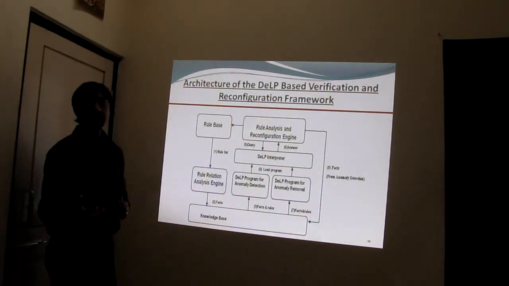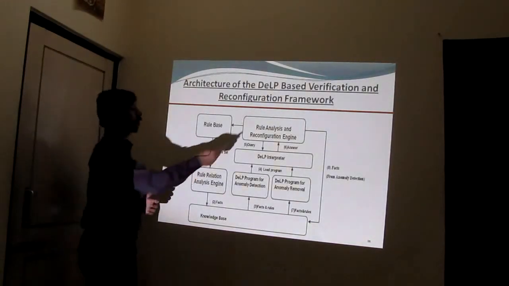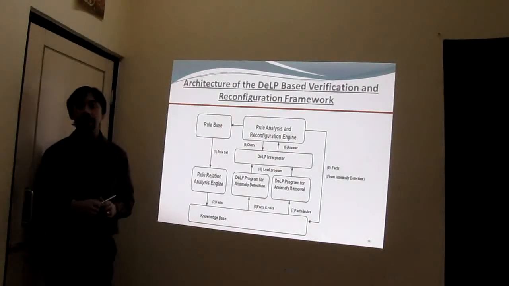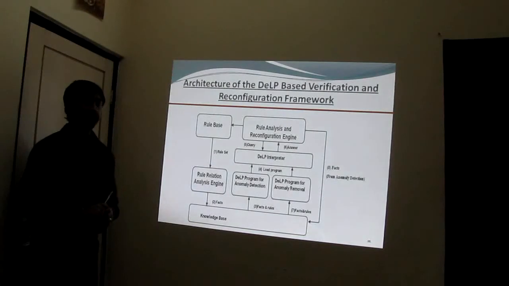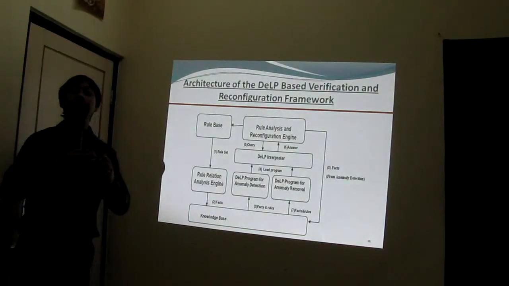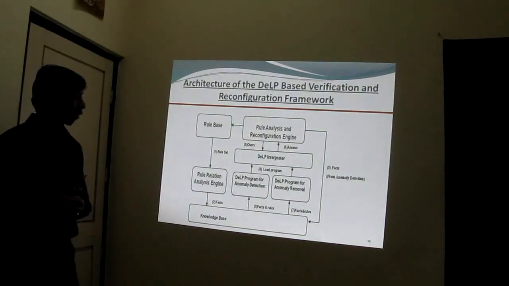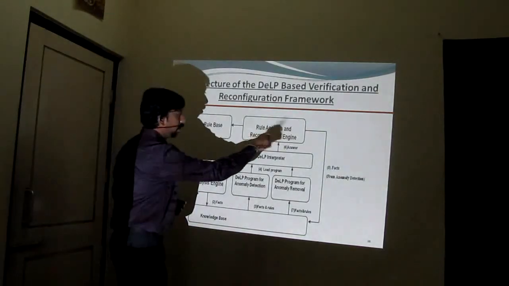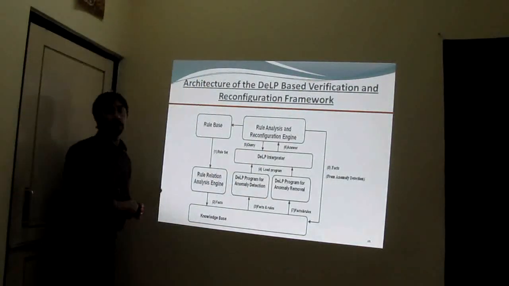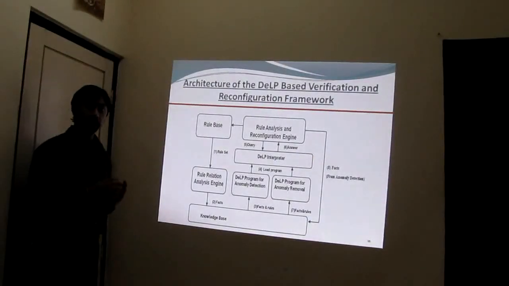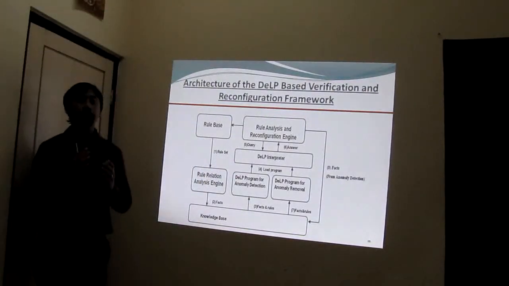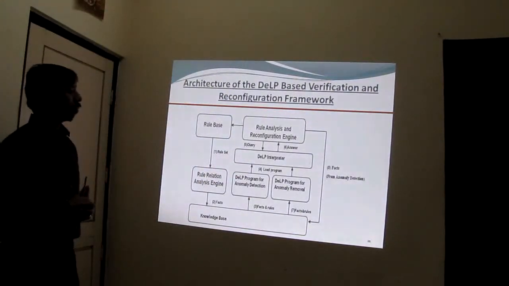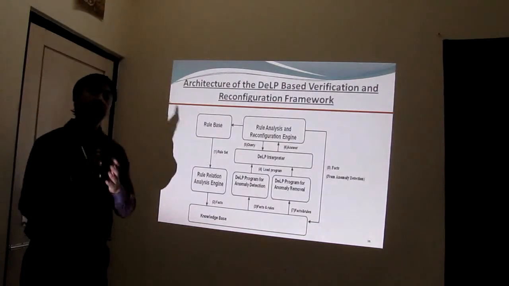Whatever answer it gets, from this information it tries to generate some additional facts which will be used by the same engine for the reconfiguration of the firewall rule set. We generate those facts and resubmit them to the knowledge base. Then the newly generated facts and available facts are used by the defeasible logic program for anomaly removal.